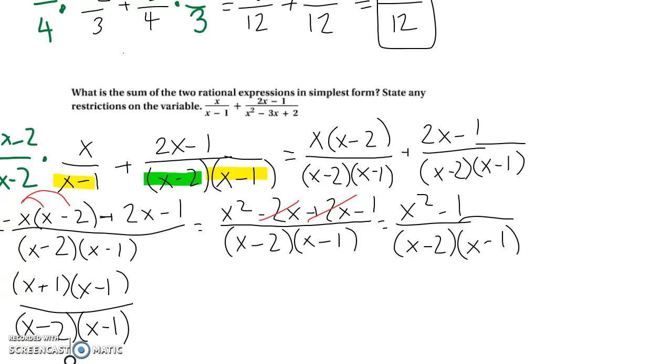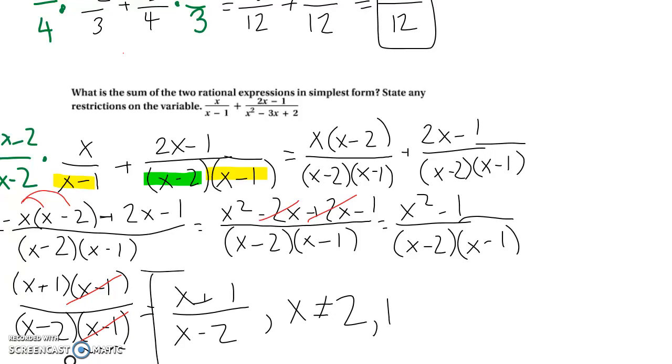Now to simplify that fraction, we can cancel the factors that are in both the numerator and the denominator. So for our final answer, we have x plus 1 over x minus 2. And again, we need to state the restrictions on the domain. So here x cannot be 2, and from our canceled factor, it can also not equal 1. And that is the final answer.